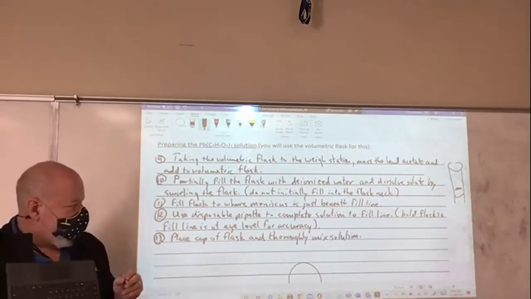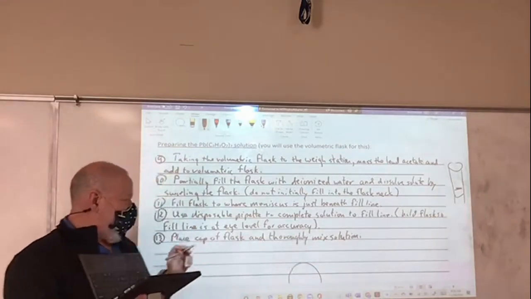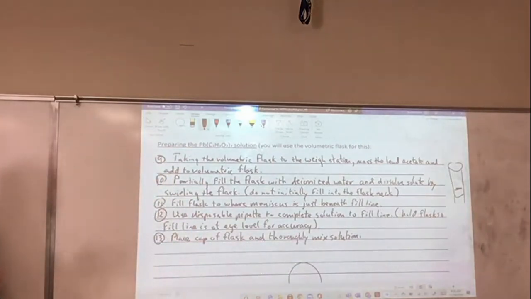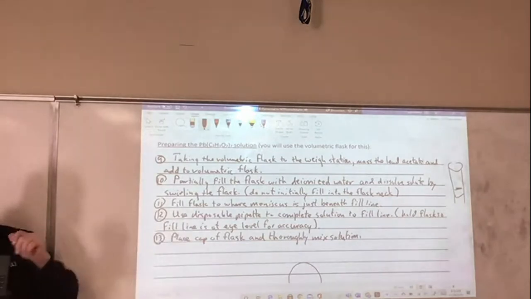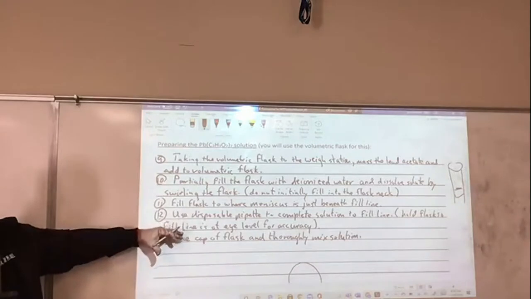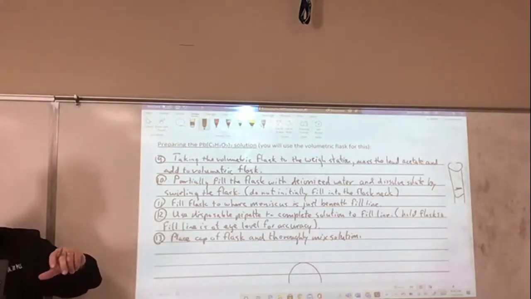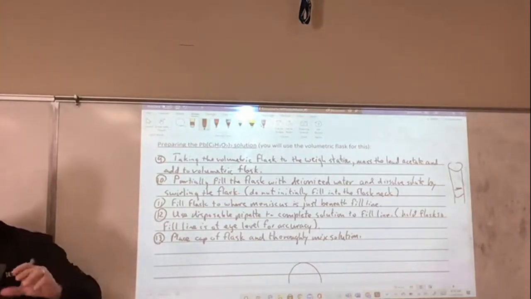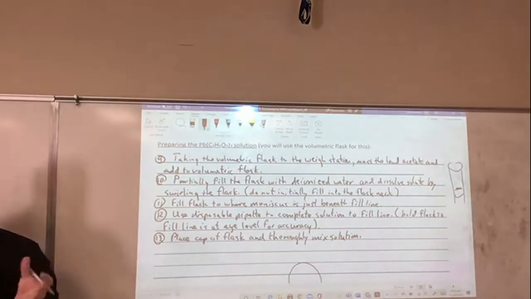I'm pretty sure I don't recall saying to do this when we talked about it, but I did see a couple of you do that. I don't know if you all did or not. But once you get it completely filled, then yes, you would want to put the cap on it and invert it a few times to make sure that it's completely mixed.